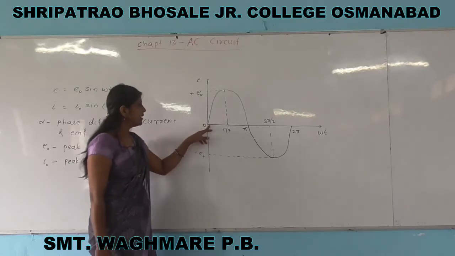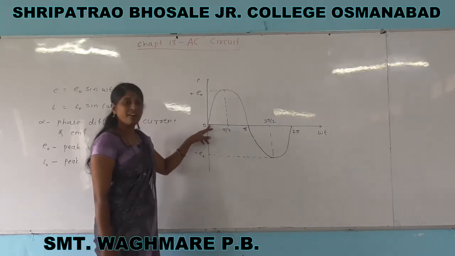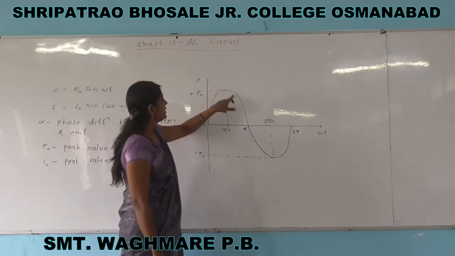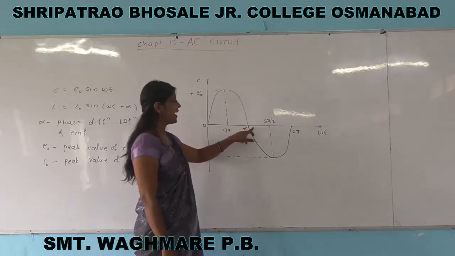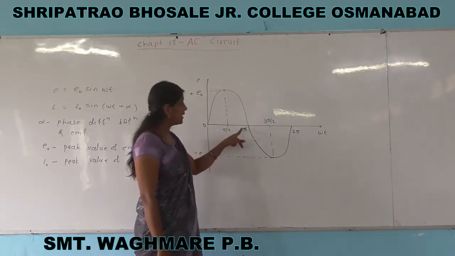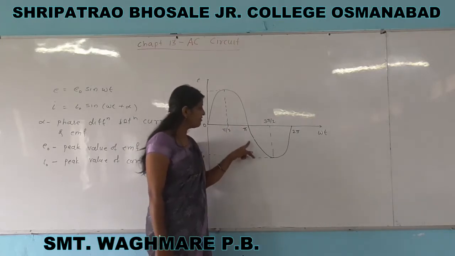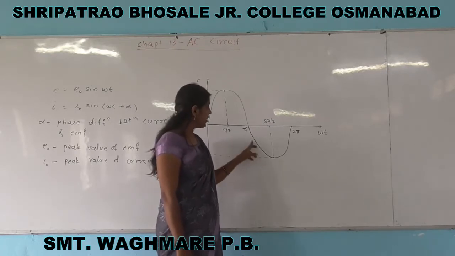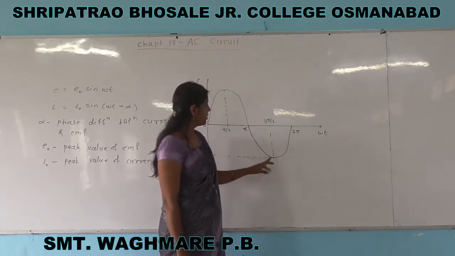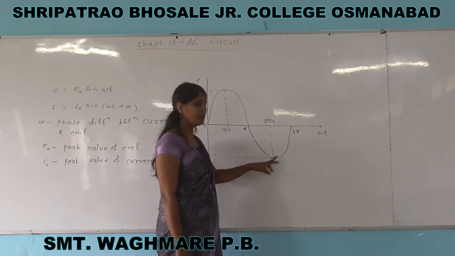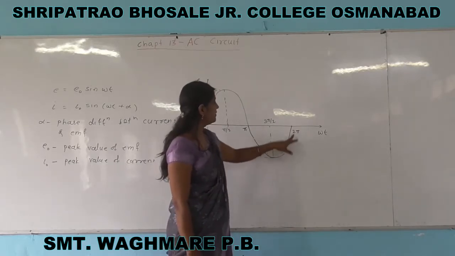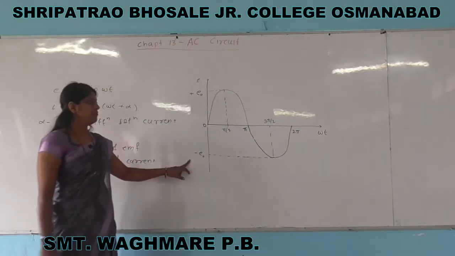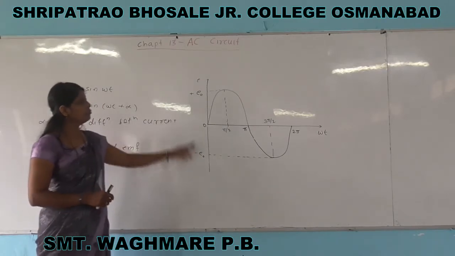Then at 1/4 of the time period, it becomes maximum. Then it decreases and becomes 0. Then it again becomes maximum in the negative region, and then becomes 0. This is one cycle.